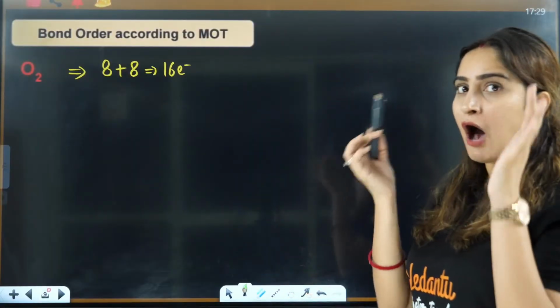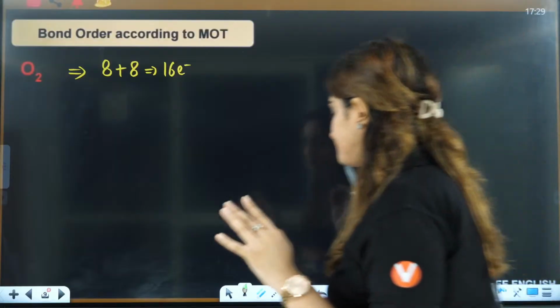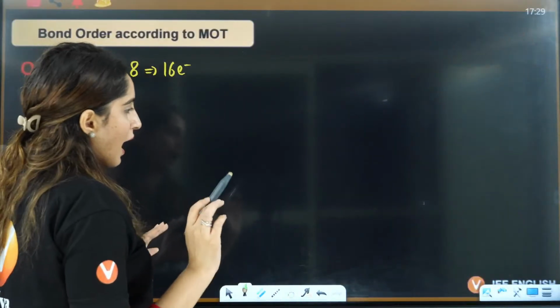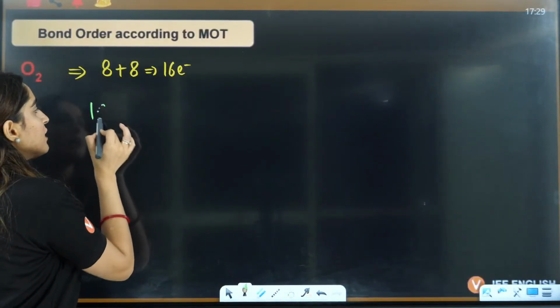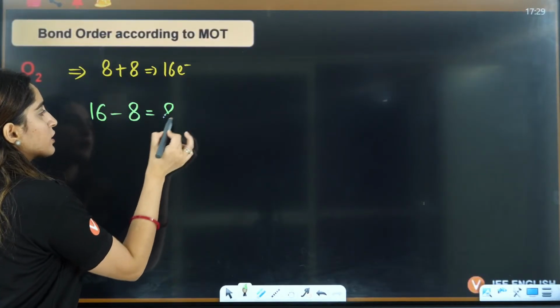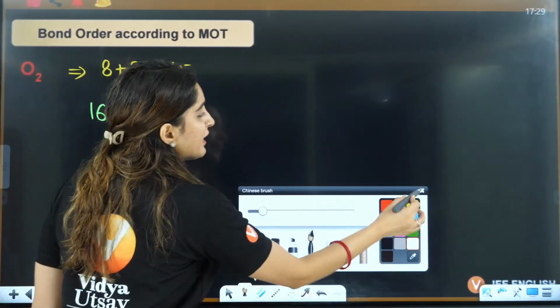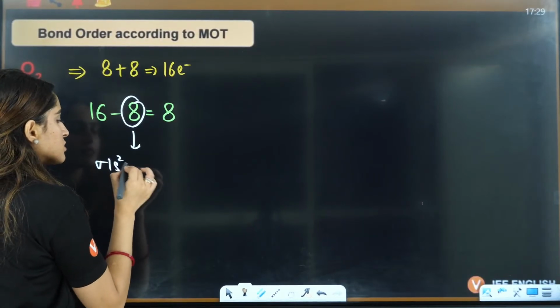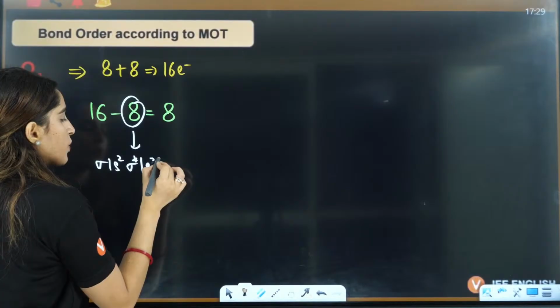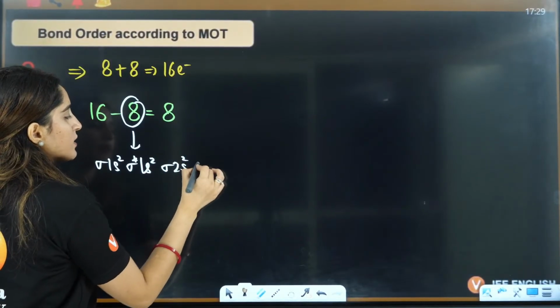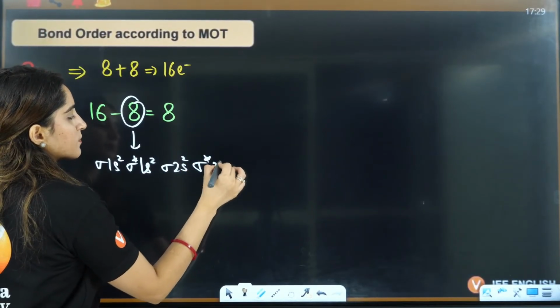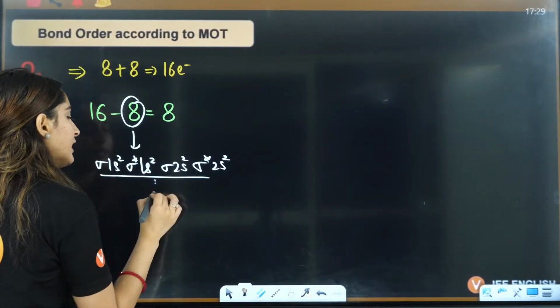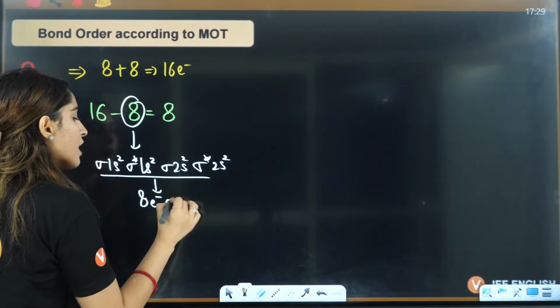The trick is very simple: 16 minus 8 is equal to 8. Now you will ask, ma'am, what is this 8? This 8 is actually sigma 1s square, sigma star 1s square, sigma 2s square, sigma star 2s square.